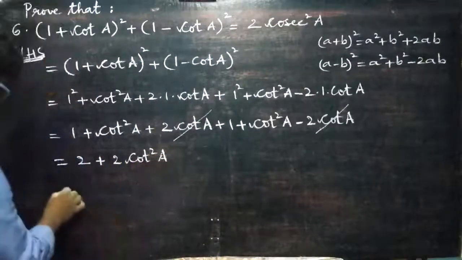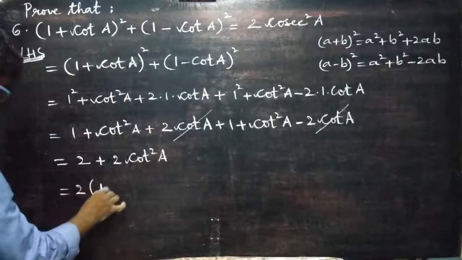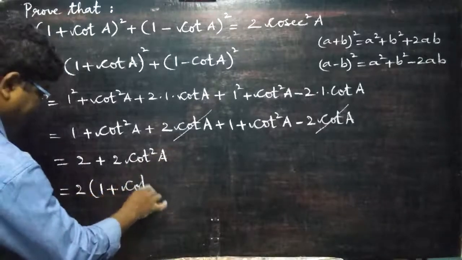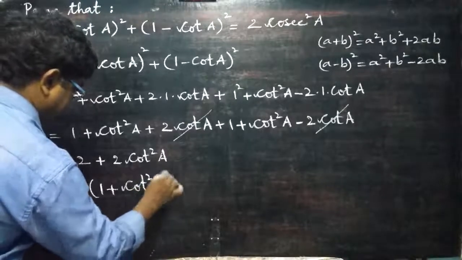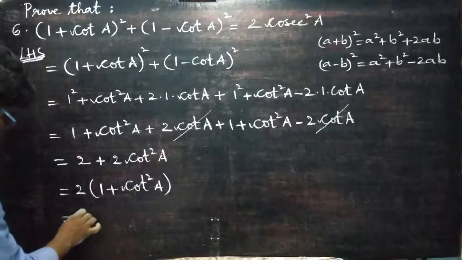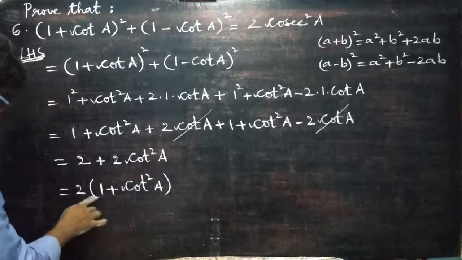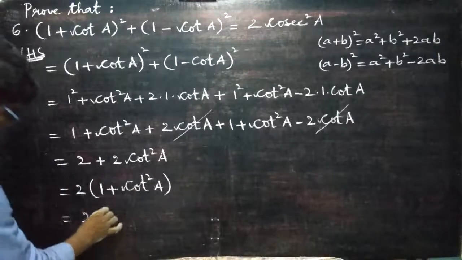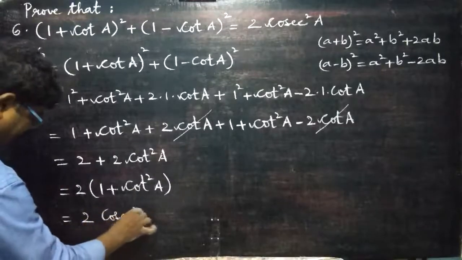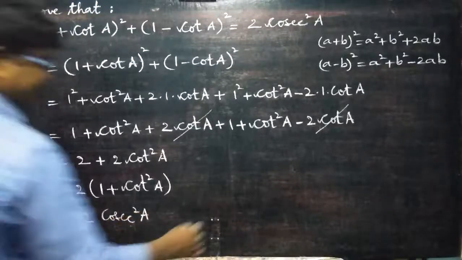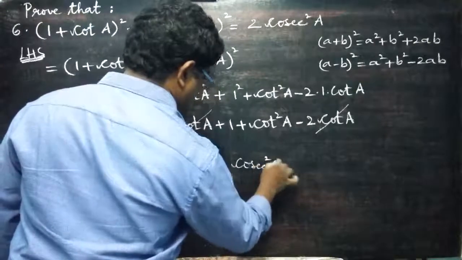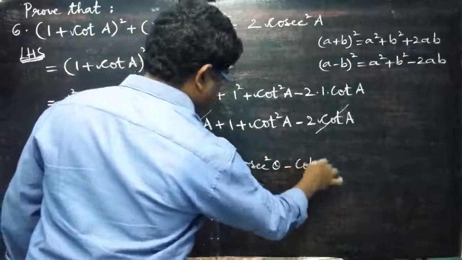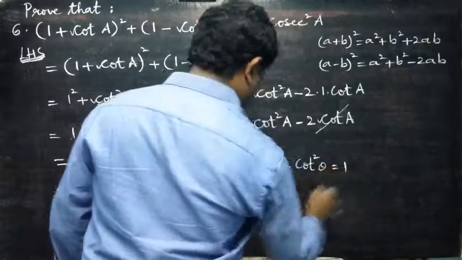Now we are taking 2 as common. 1 plus cot square A. 1 plus cot square A means 2 into 1 plus cot square A, which is 2 into cosecant square A. From where did we get this identity? What is that identity? Cosecant square theta minus cot square theta is equal to 1.